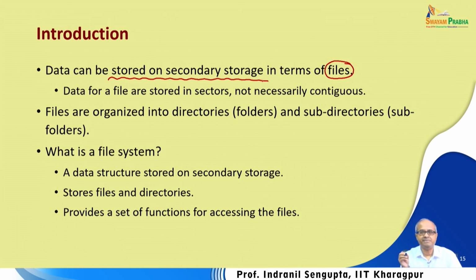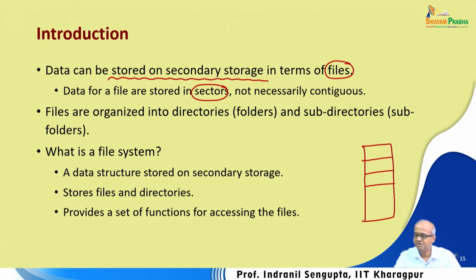And as I said, the basic unit of information that we use for storage is the sector. So, suppose I want to create a file which is large, which consists of a number of sectors.